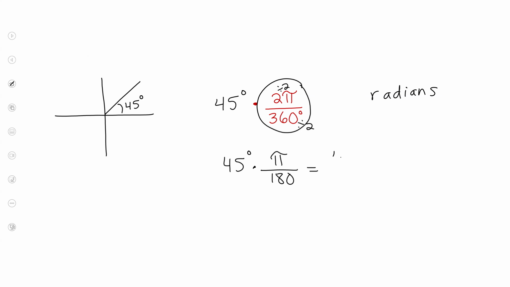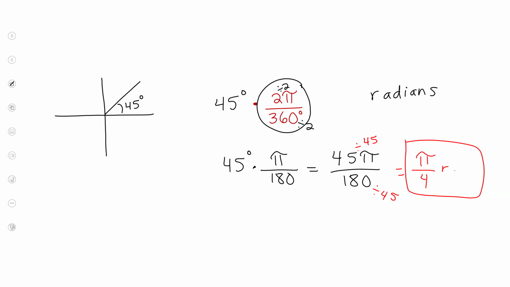I'll get 45 pi over 180. Let's simplify this further. We can divide this by what? 45, good, and divide the bottom by 45. So I'm going to get pi over 4 radians. So we went from degrees to radians.